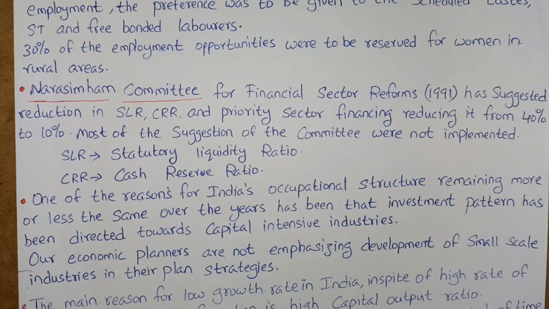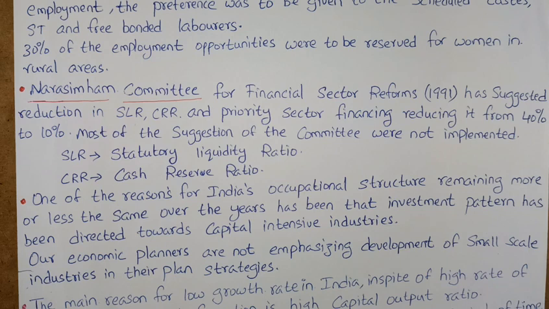So here, if we take one example in order to understand the exact explanation of Narasimham Committee. If we deposit 100 rupees in our bank, the bank is not permitted to divert this entire 100 rupees for giving loans. Okay, and with these loans they are generating revenue.